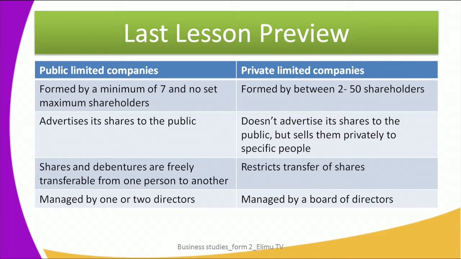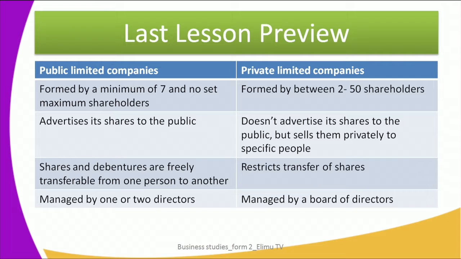The other difference is that a public limited company advertises its shares to the public. So what happens is that public limited companies welcome the public to come and subscribe for their shares, regardless of their background.